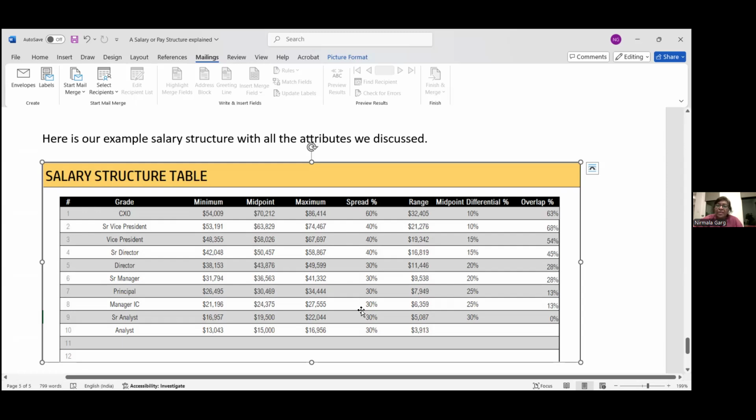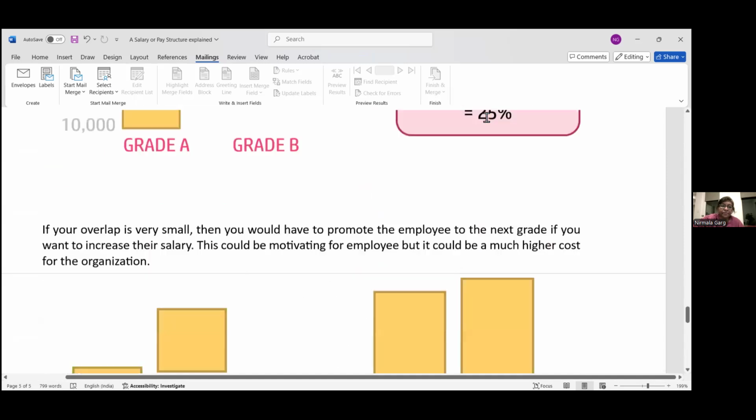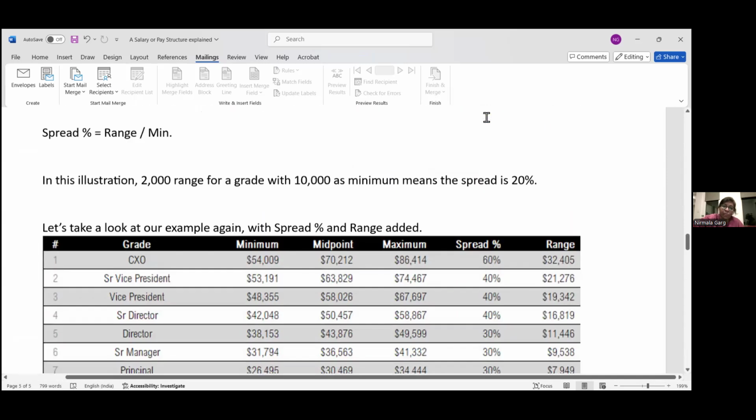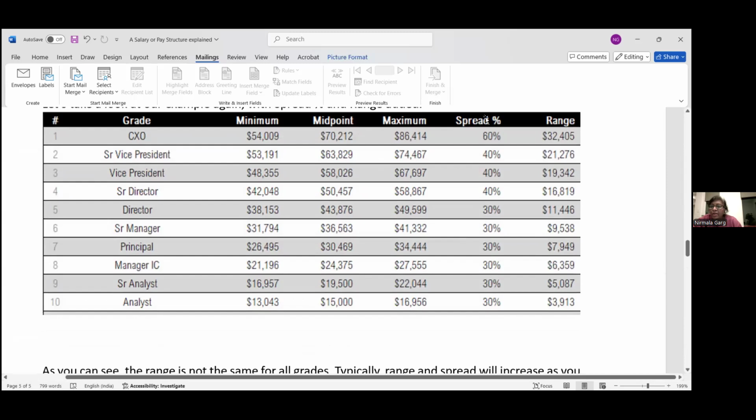Now, what is very, very important here is, when you are building this structure, there will be an overlap. Let me just show you.